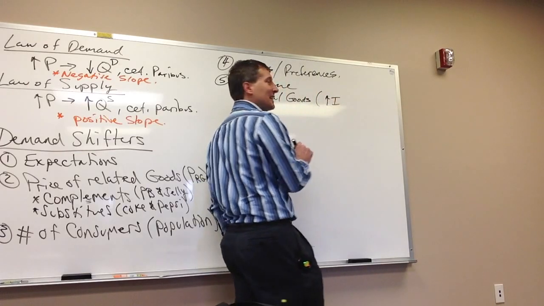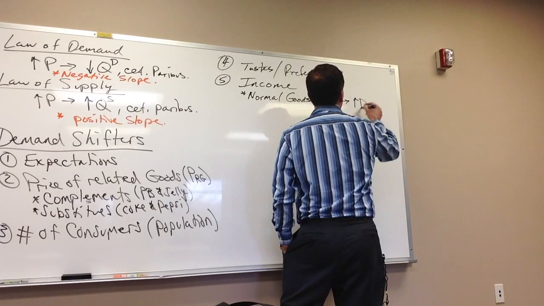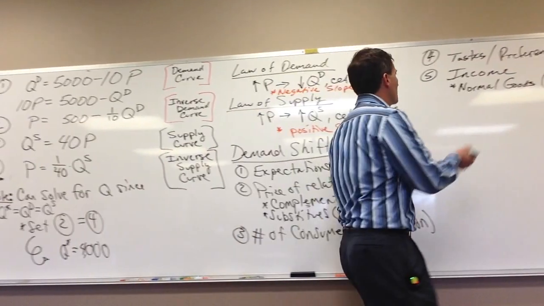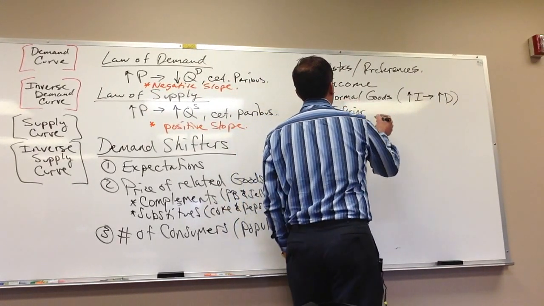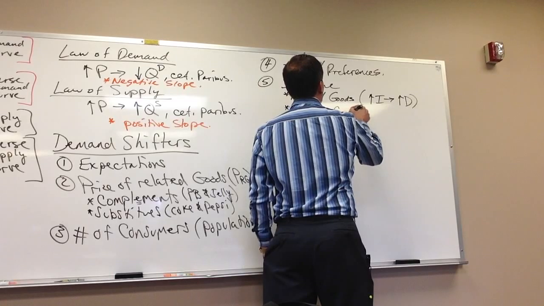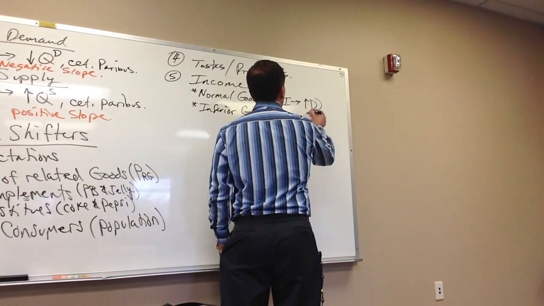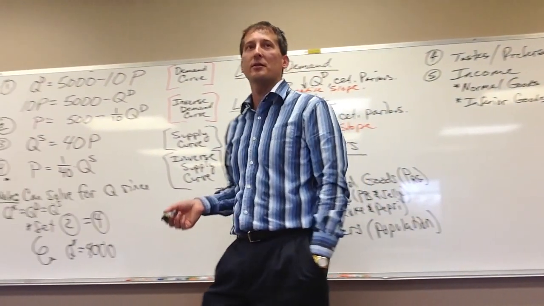An increase in income leads to an increase in demand, a shift to the right for a normal good, which is most goods. But things like maybe ramen noodles or hot dogs might have the opposite reaction. As you become richer and you have more income, you buy less of those generic brand goods, inferior goods.